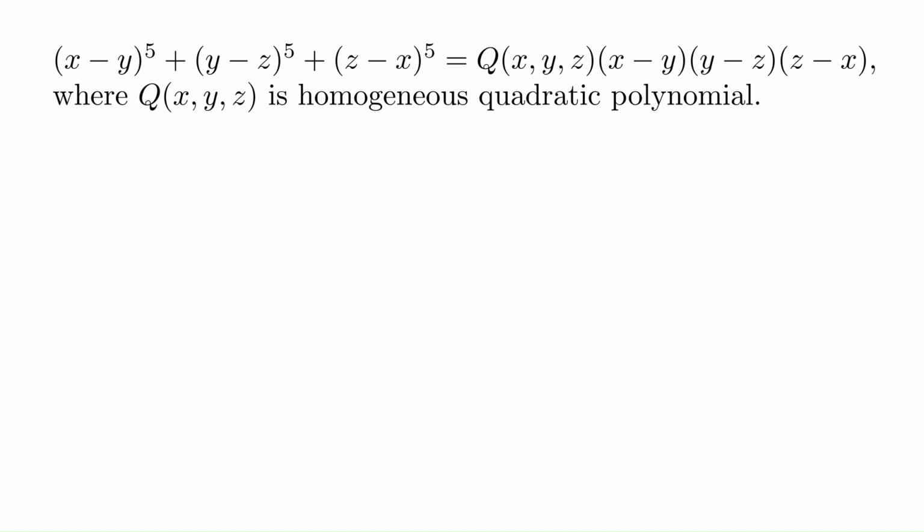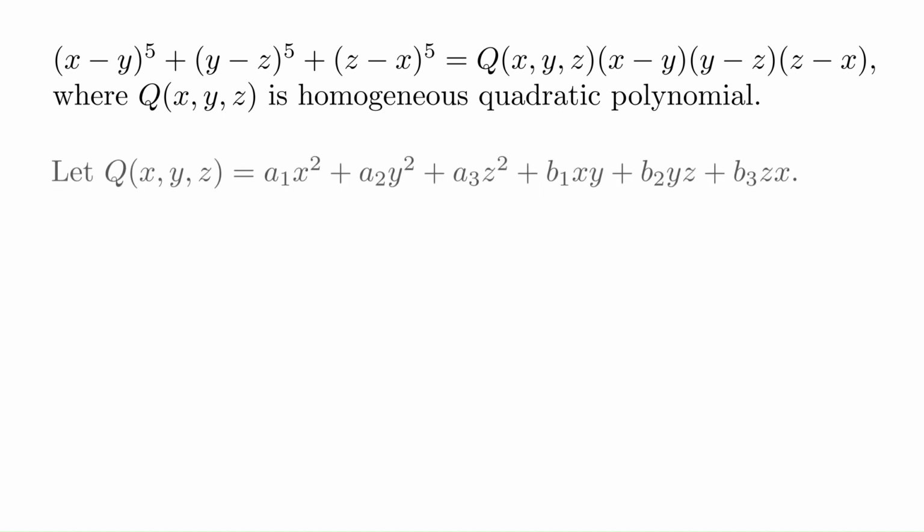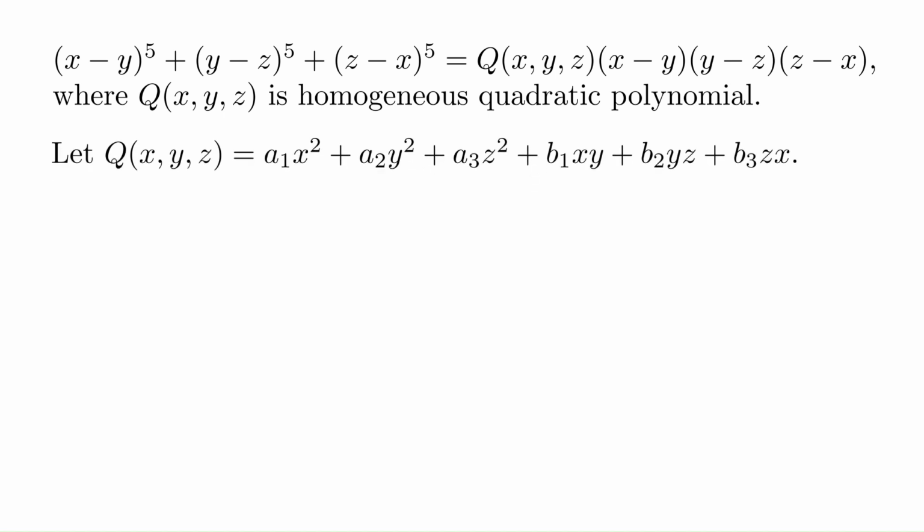It should be homogeneous as well. As a homogeneous polynomial, there are a total of 6 second-order terms, different combinations of x, y, and z. They are x squared, y squared, z squared, xy, yz, and zx. We need to determine their coefficients.